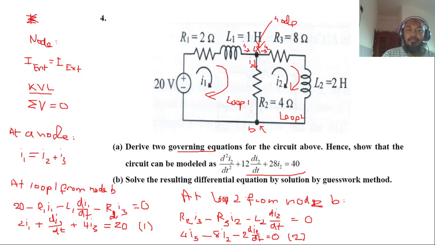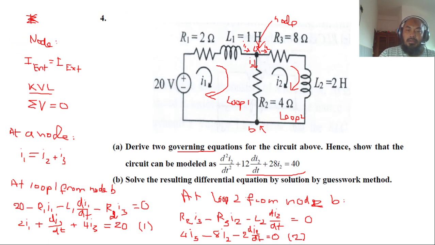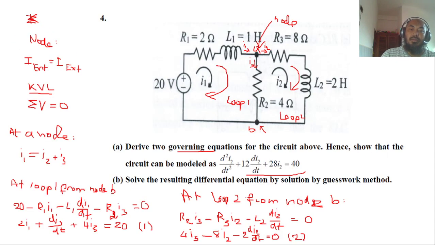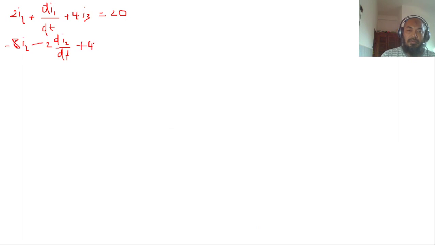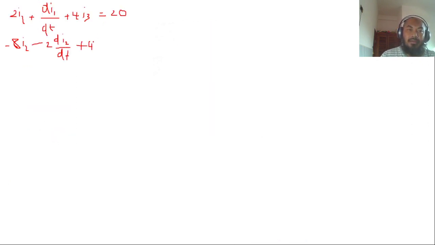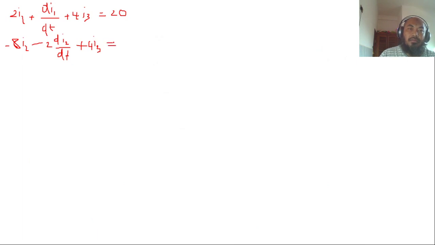And then we have another equation: we arrange this one as minus 8I2 minus 2 di2 dt plus 4I3 equal to 0. All right.